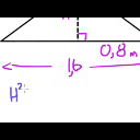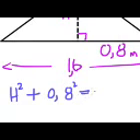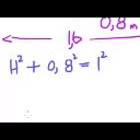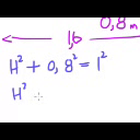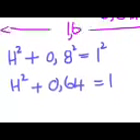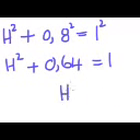So h squared plus 0,8 squared is equal to 1 squared. Always start with your Pythagoras in this format. So 0,8 squared is 0,64, and 1 squared is 1. To find h squared, we take the 0,64 to the other side and make it minus.